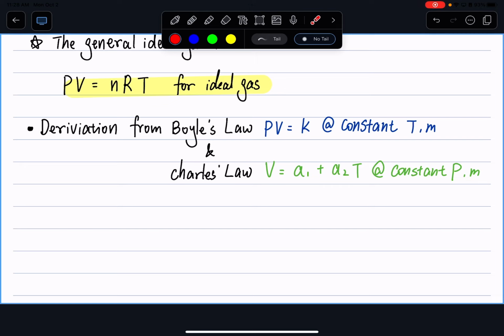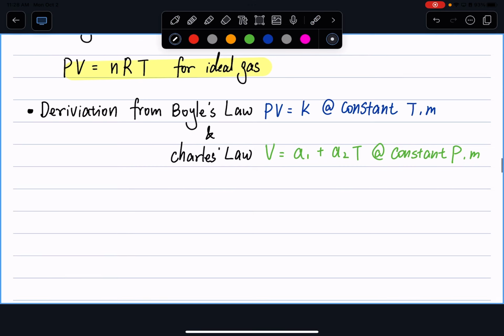But how about when my pressure, temperature, and volume are all changing along the way? What is the relationship between pressure, volume, and temperature? So the way to think about it in thermodynamics, we always try to imagine a path that these transformations can take place. So we're going to work on it together here.